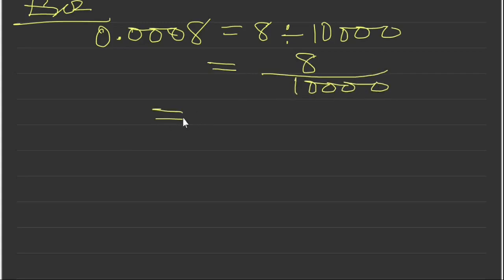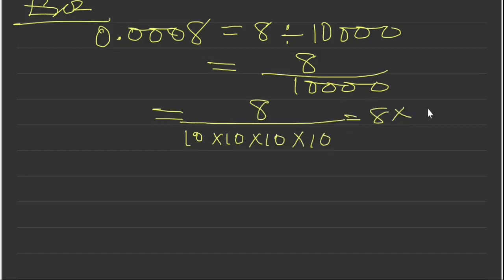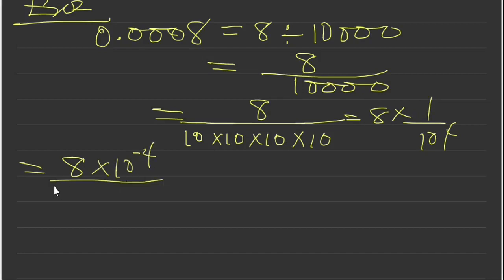So you will write it again like 8 over 10 times 10 times 10 times 10. So which is 8 times 1 over 10 to the power 4, which will now be 8 times 10 to the power minus 4. So that is how we change this.